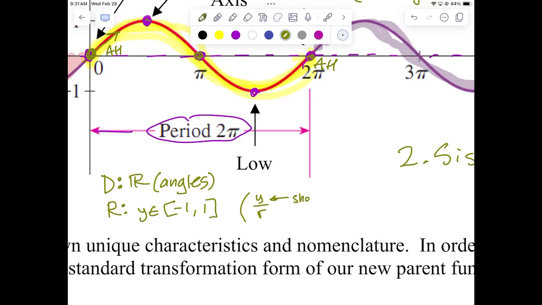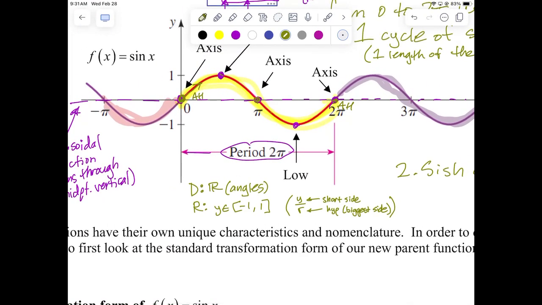And y is a short side, and r is the what? It's the hypotenuse, which is the biggest side, long side. So is it possible to have a small number over a big number and have that ratio be bigger than 1, magnitude-wise? No. If you have a small number over a big number, you're going to have a ratio that's between 0 and 1. Now, why can they be negative?